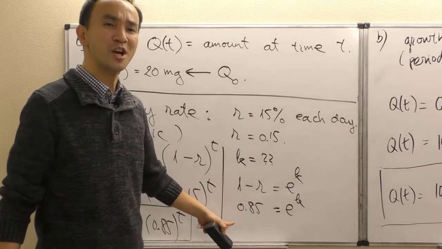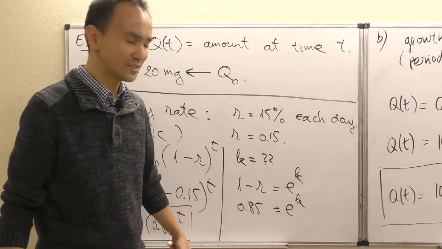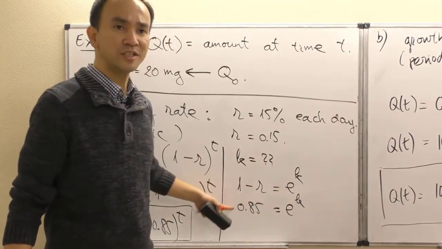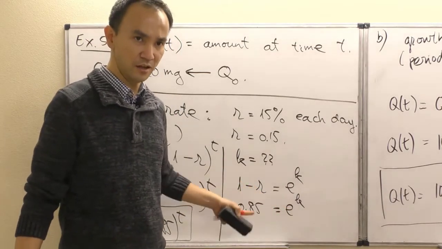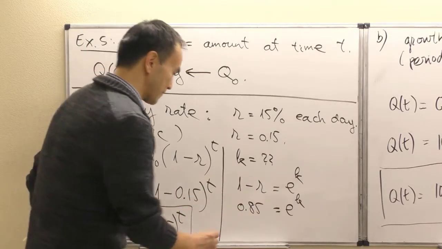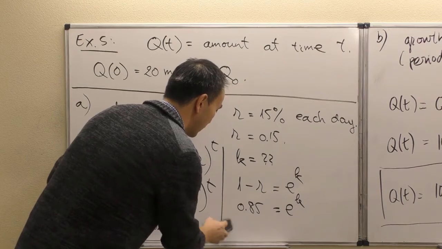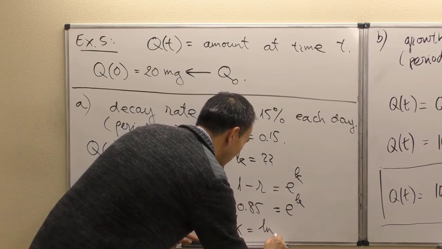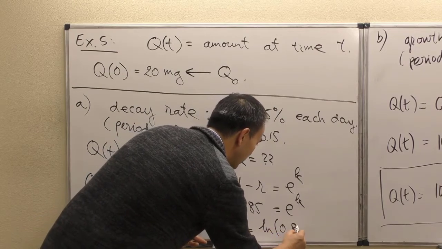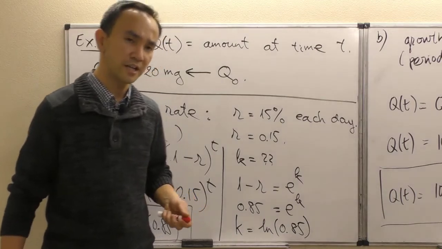This is an equation in exponential form. In order to find k, we're simply going to rewrite this equation in logarithmic form. At this point, k equals the natural log of 0.85.